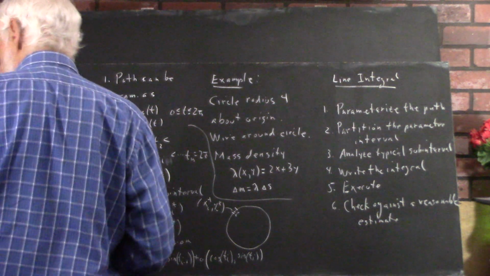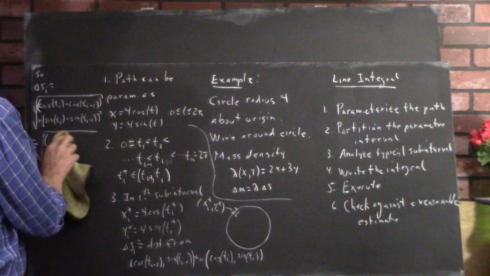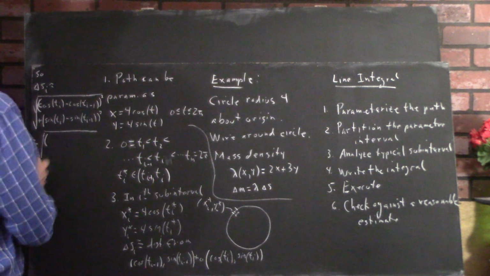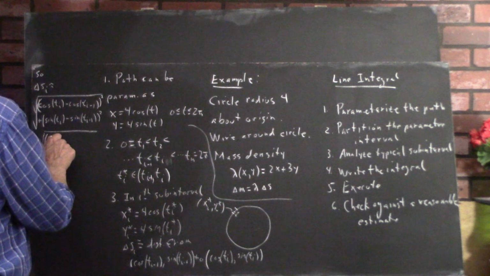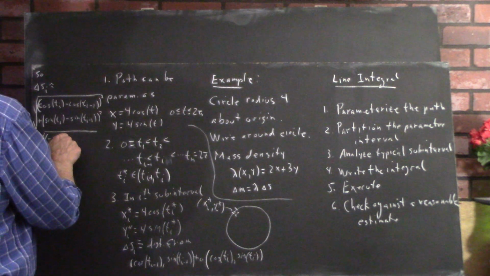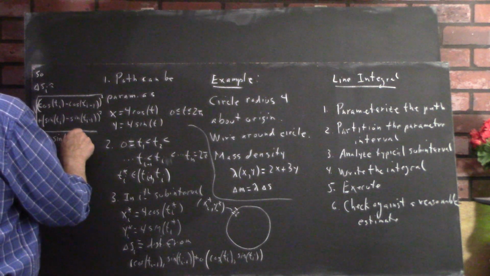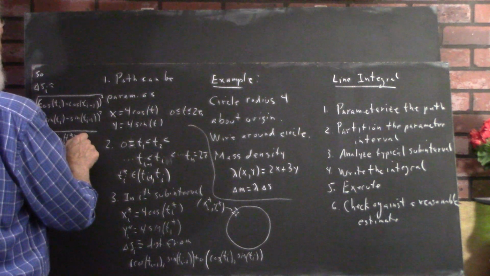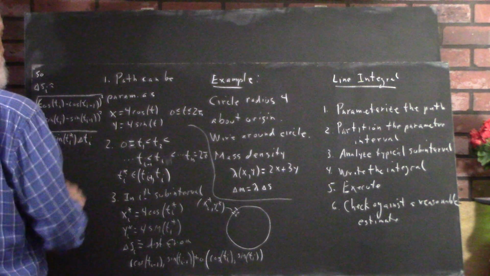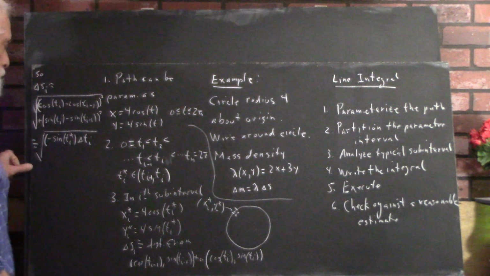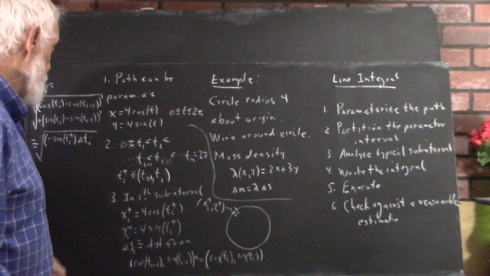I'm running into a notation glitch here, and again, that's not unusual. So I'm just going to write what it is. It's the negative sine of t_i star, delta t_i being t_i minus t_{i-1}, the width of the interval.